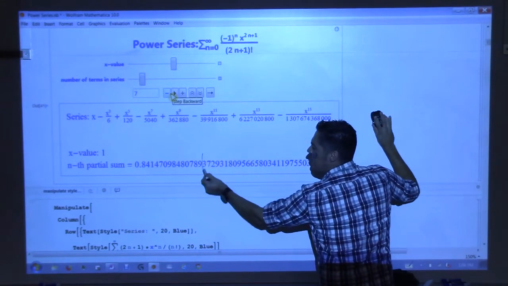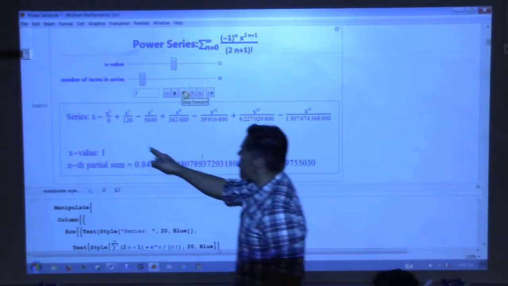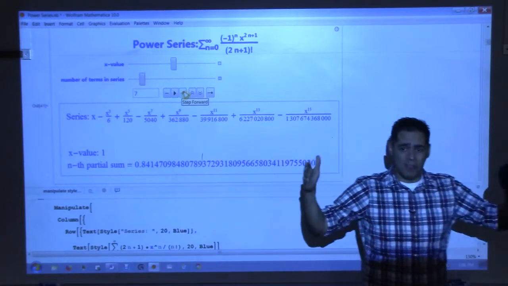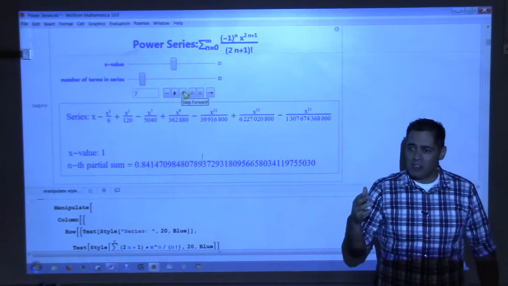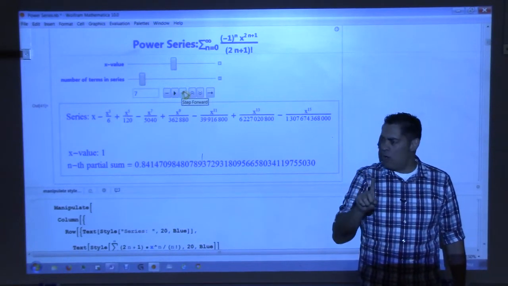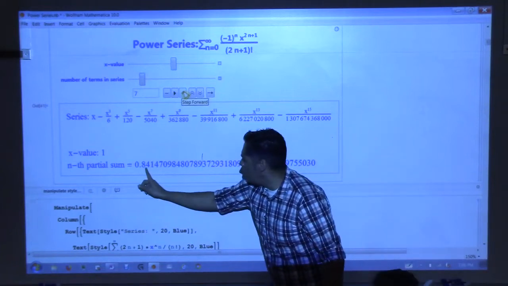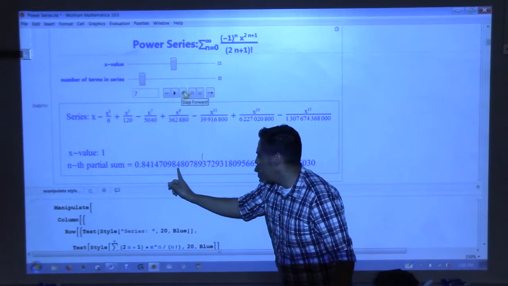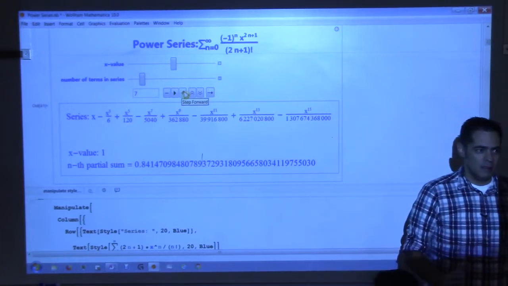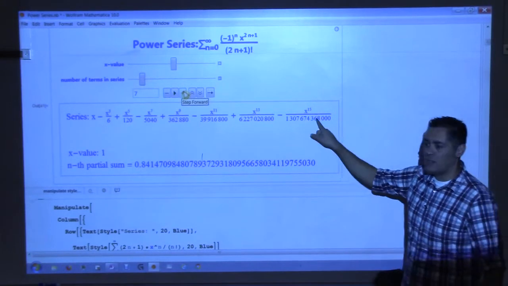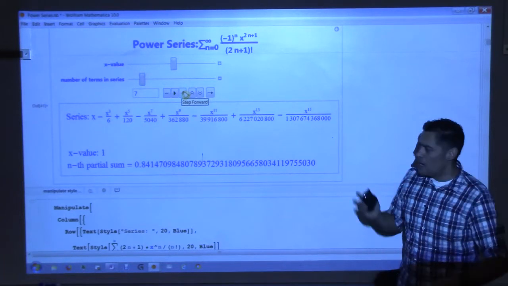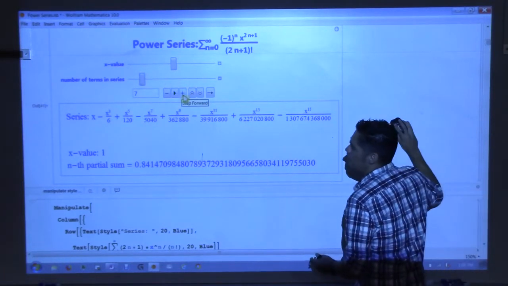So that means that if we just look at the first 8 terms of that power series, we actually have sine of 1 accurate out to 14 decimal places. That's how precise this sum is. That's how close it is to the true value of sine. Does that make sense?